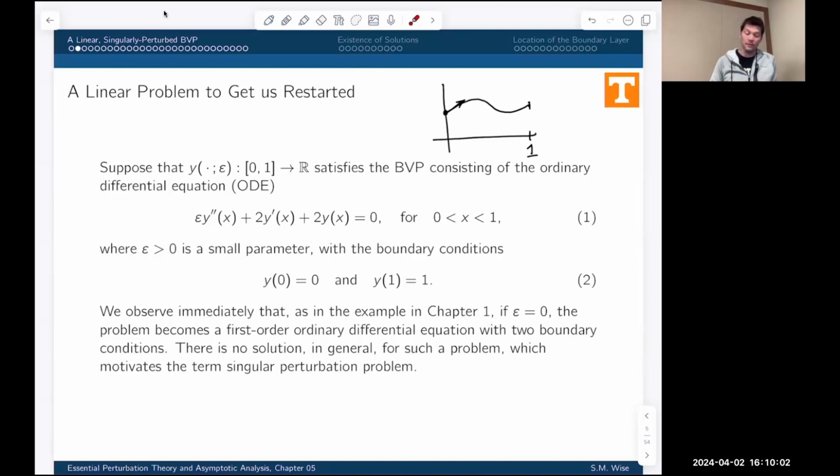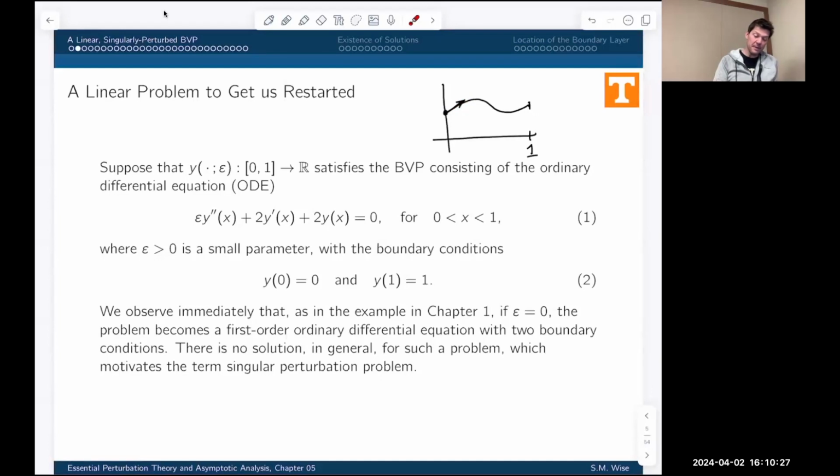How can I make it work? Let's say you know the initial value here, and you know what the final value should be over here. For this boundary value problem, there's some initial slope, but it's not specified for you.